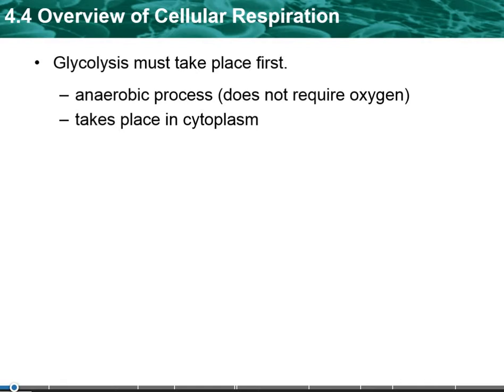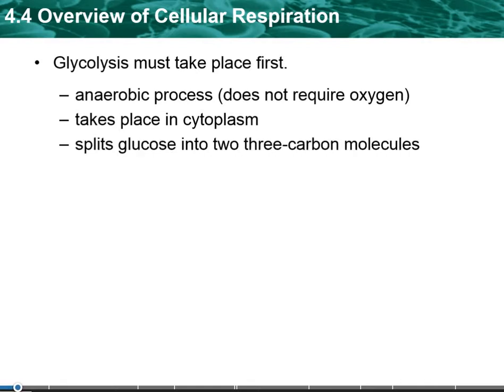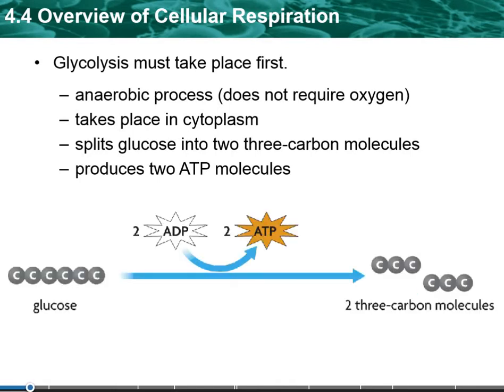Glycolysis takes place in the cytoplasm. It's going to split the glucose molecule into two 3-carbon molecules. The word glycolysis actually means sugar breaking. It takes 2 ATP to start.